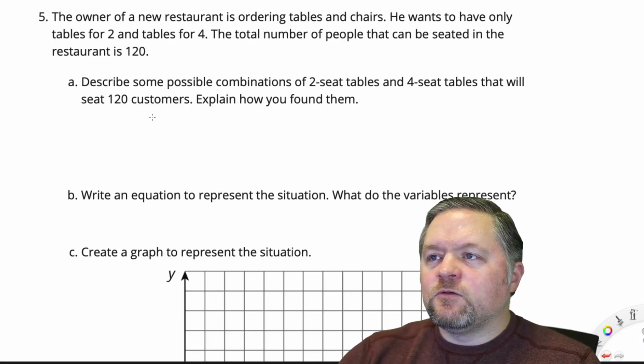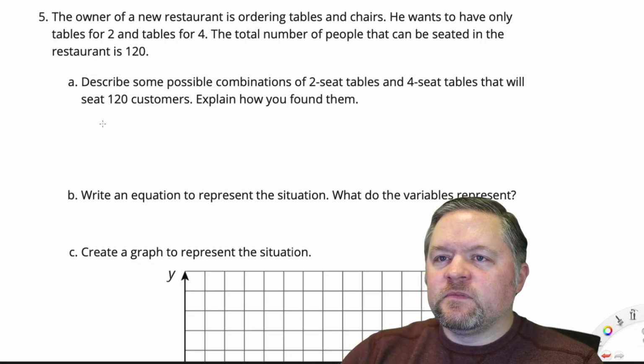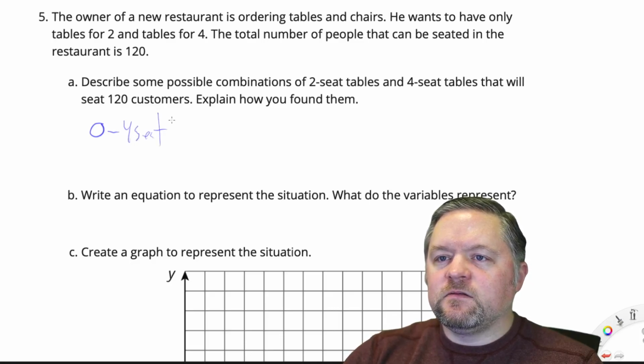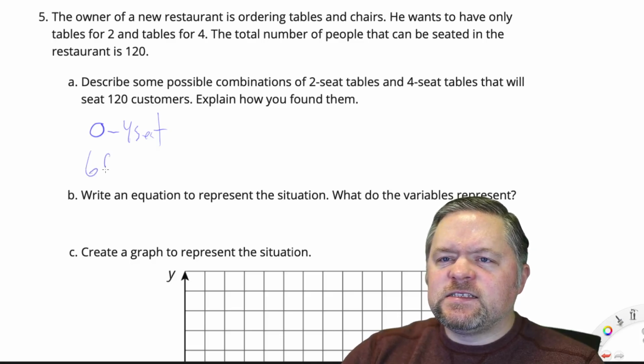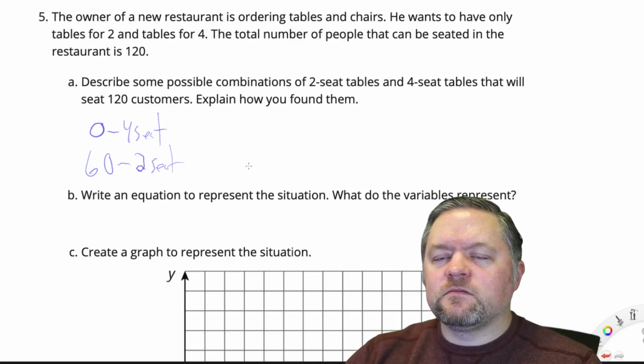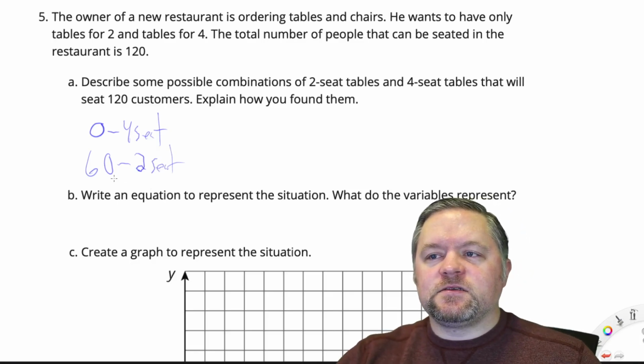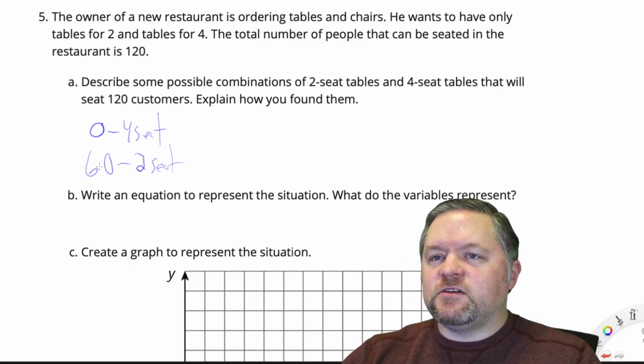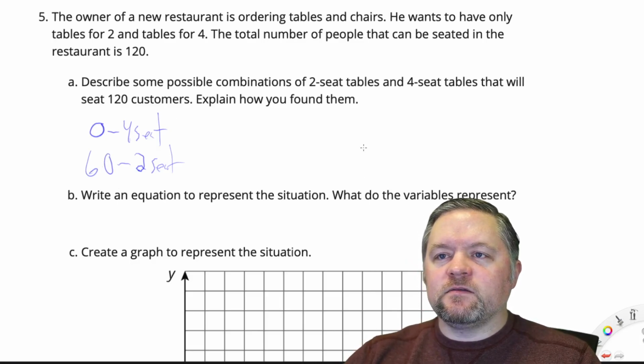So, we could have 0 4-seat and 60 2-seat because 0 of those, 60 2-seaters, 60 times 2 is 120.